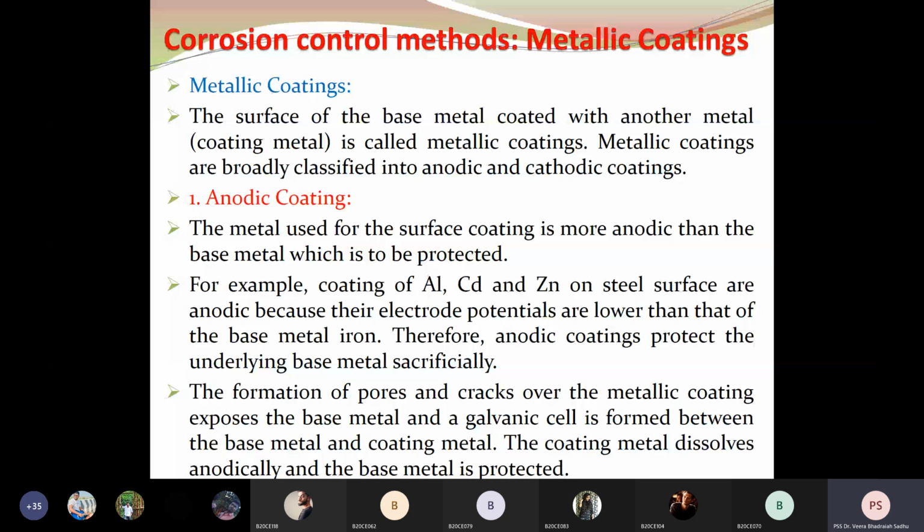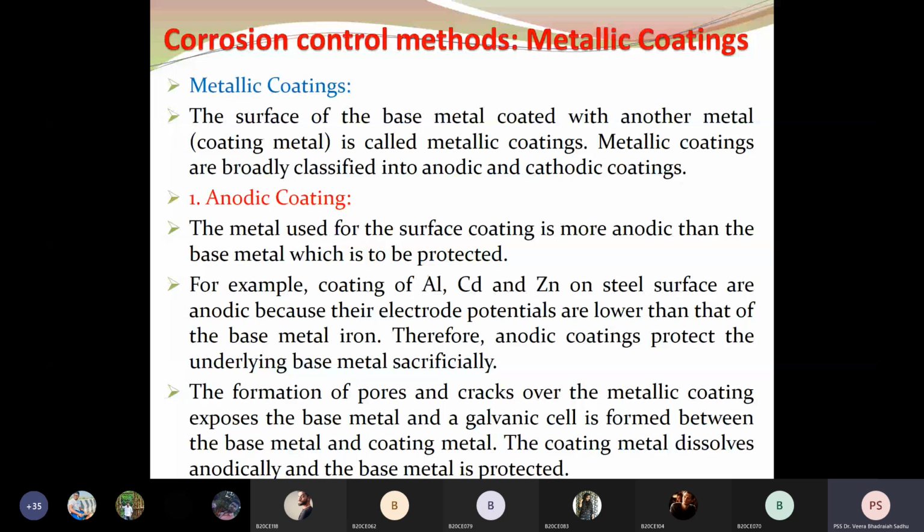Okay, so for example, aluminum, cadmium, zinc on steel surface are anodic, because their electrode potentials are lower than that of base metal iron.